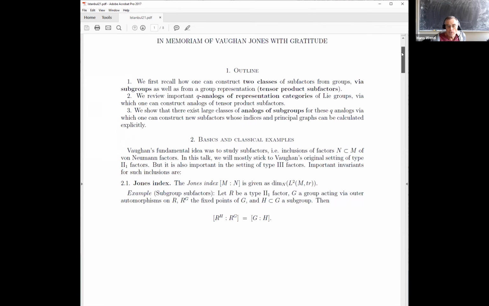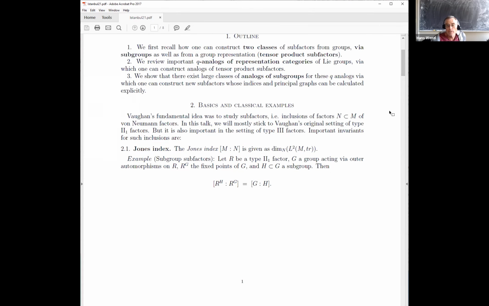Of course, everyone knows Vaughan started this study of inclusions of factors, and his first important invariant is the Jones index, which you get by viewing the big factor as a Hilbert space and calculating its dimension viewed as an N-module.